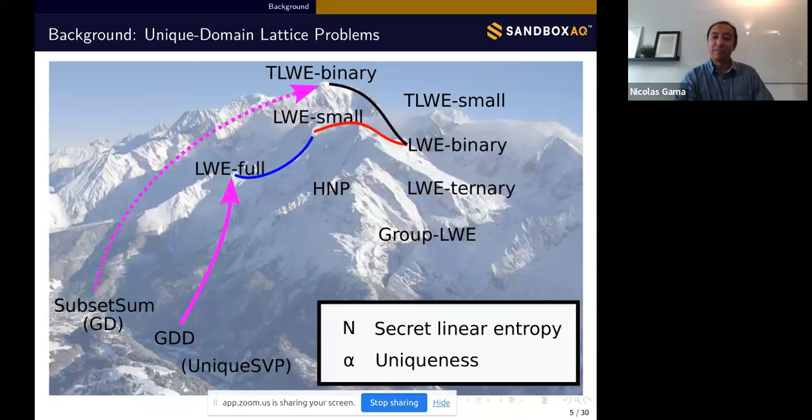And so as I said, all these problems are equivalent, and once we decide to compare them using these two metrics, the secret entropy and the uniqueness, there is something very interesting here: TLWE has one very nice particularity.